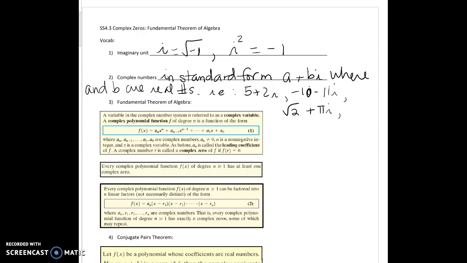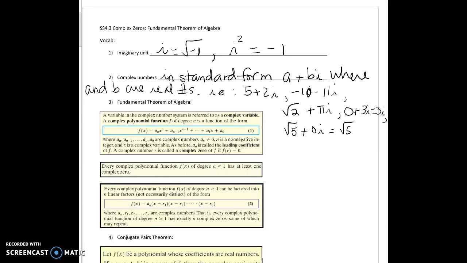How about this? This is going to be interesting. 0 plus 3i, okay? 0 plus 3i is identical to 3i, and that's a complex number. How about one more? How about radical 5 plus 0i, which is simply just radical 5, isn't it?